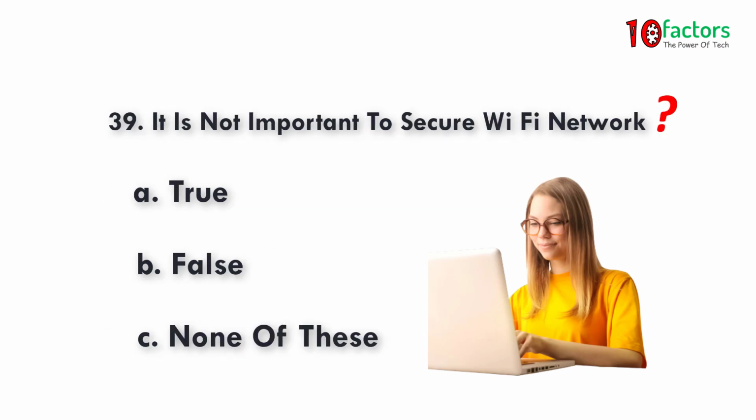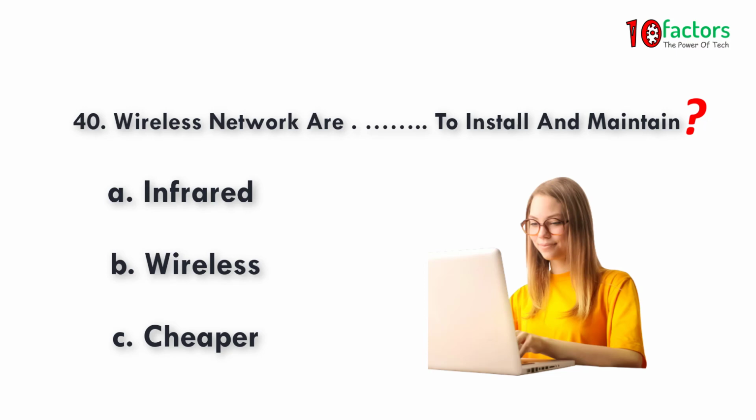Topology. Question 39. It is not important to secure Wi-Fi network. A. True. B. False. C. None of these. Right answer, B. False. Question 40. Wireless network are to install and maintain. A. Infrared. B. Wireless. C. Cheaper. Right answer, C. Cheaper.